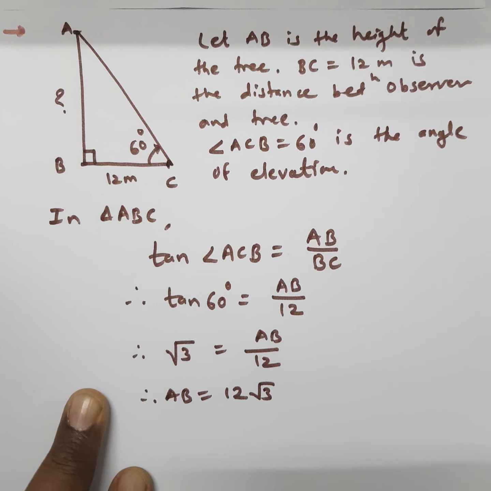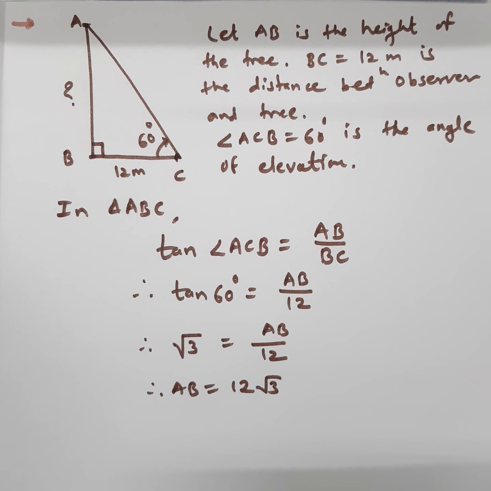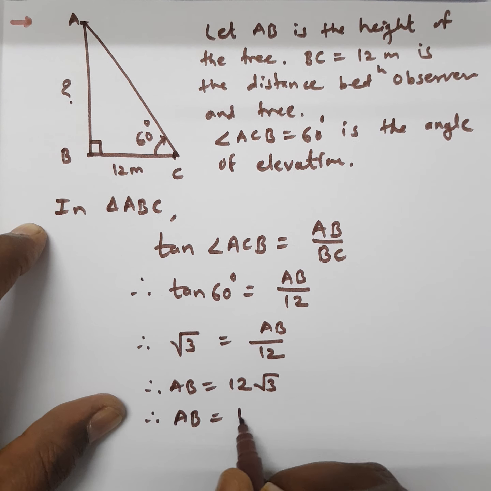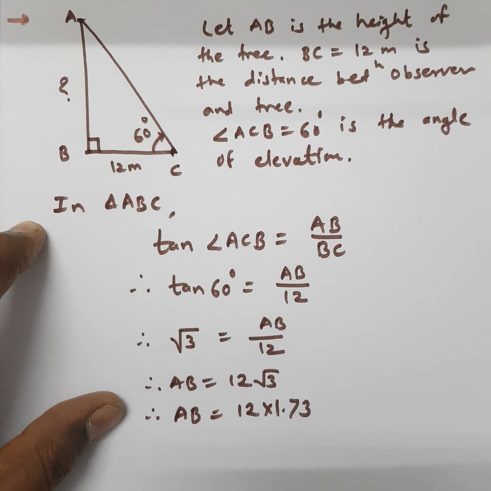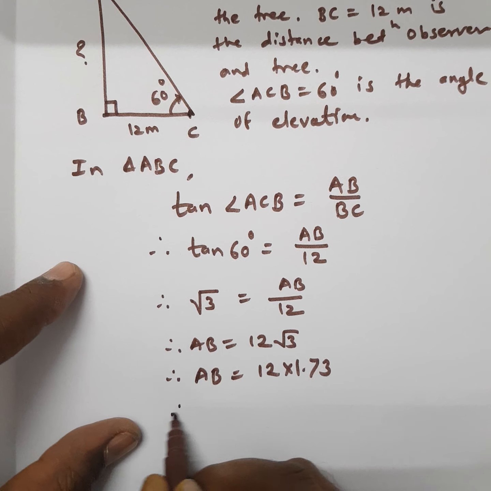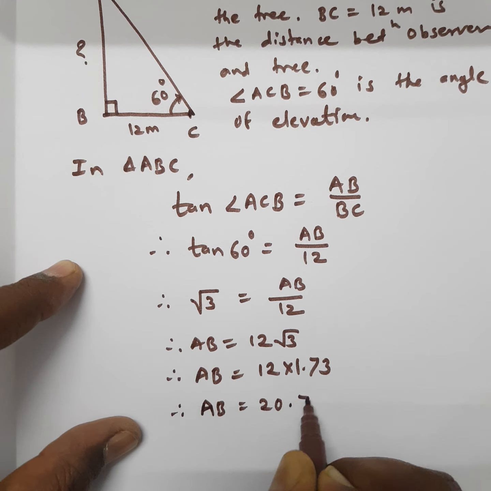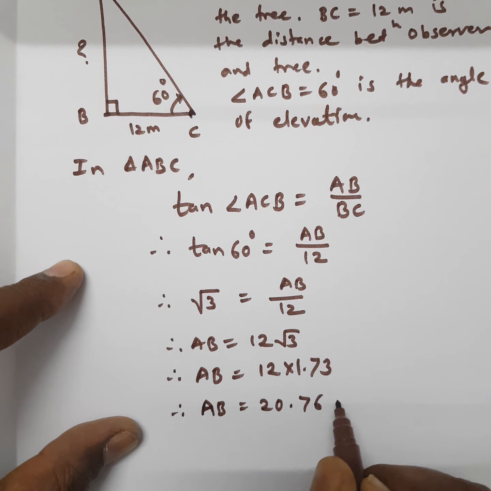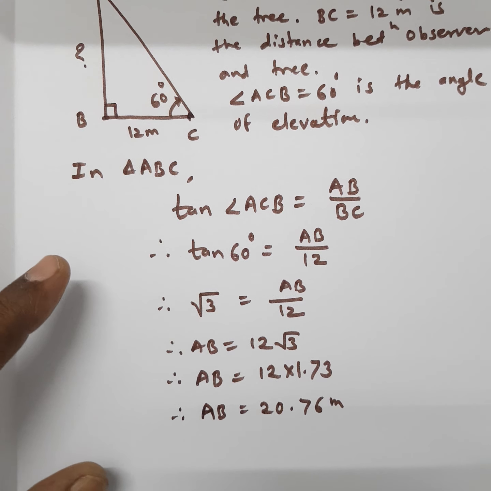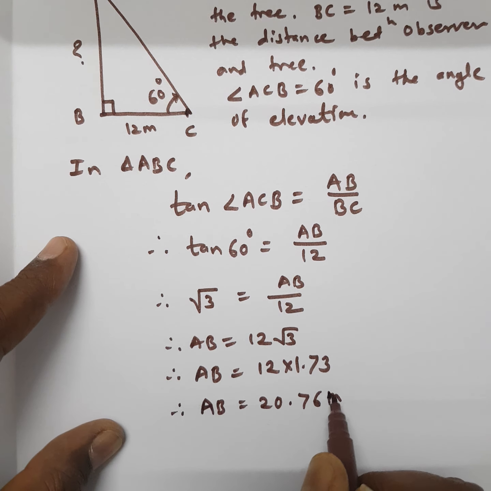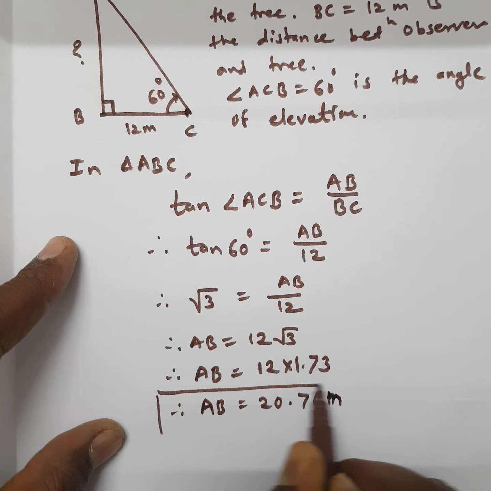If we change the side of 12, then AB is equal to 12 multiplied by root 3. And we are given the value of root 3 as 1.73. Therefore, AB is equal to 20.76 meter. The multiplication of 12 into 1.73 is 20.76 and the unit is meter.